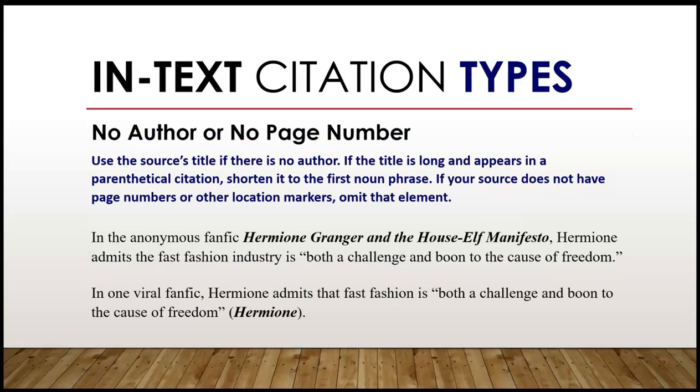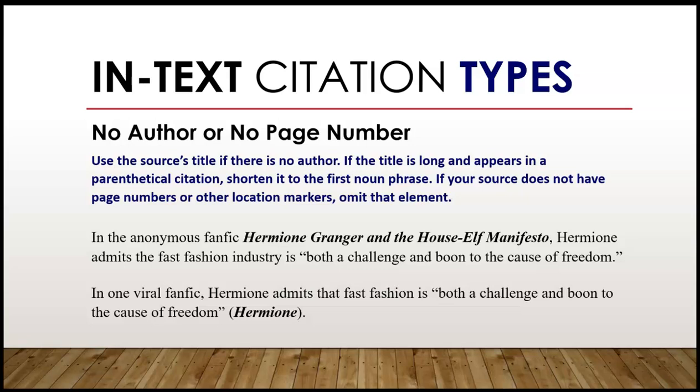In-text citation types, and there are many types. We're going to look at the most common ones. So let's say you have a source and it has no author or no page number. Use the source's title if there is no author. If the title is long and appears in a parenthetical citation, shorten it to the first noun phrase.